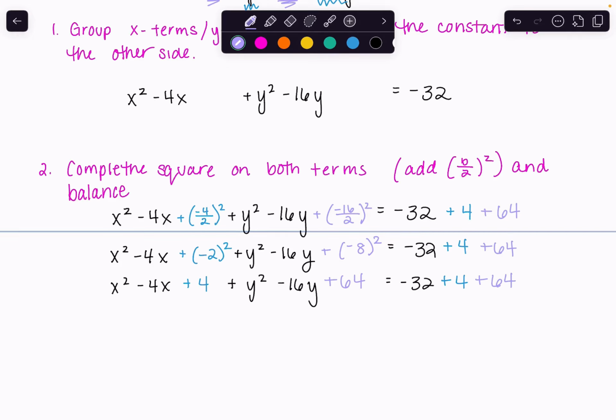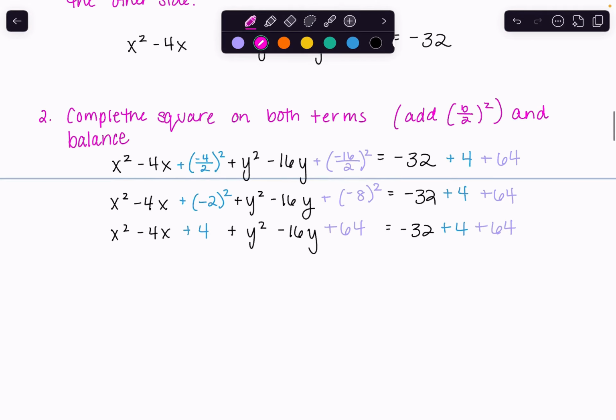Okay. Now that I've gone ahead and added that thing I needed to and made sure I balanced, the third and final step is to factor and simplify. So if I look at my x terms, that will factor very nicely as x minus 2 squared.